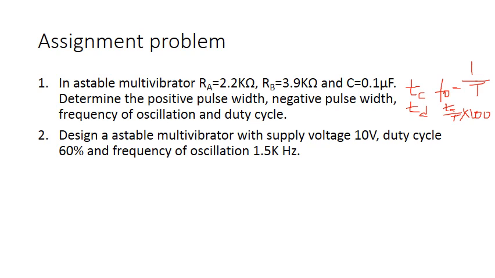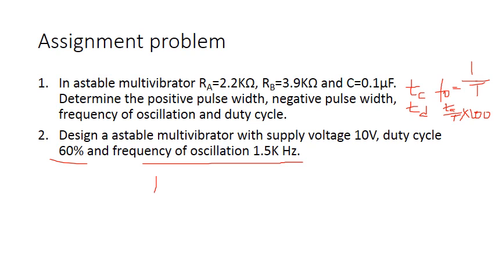Okay. Next, to design an astable multivibrator with supply of 10 volt, duty cycle 60%. Duty cycle is given over here, 60%. Frequency of oscillation is also given, 1.5k. So based on this, you have to design an astable multivibrator.